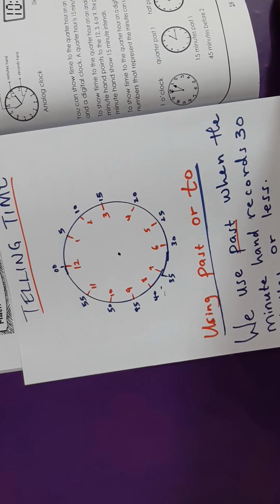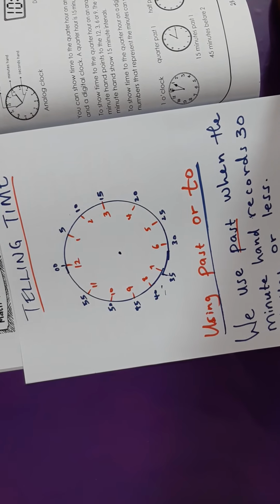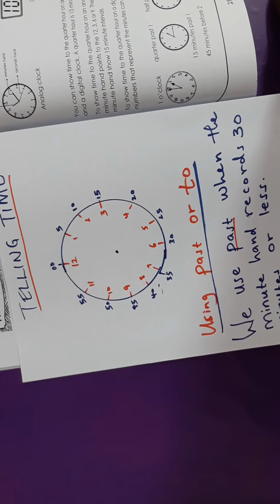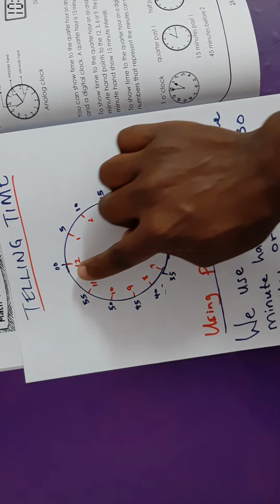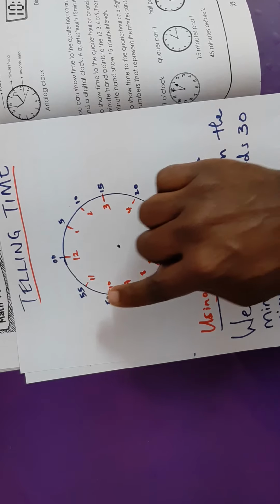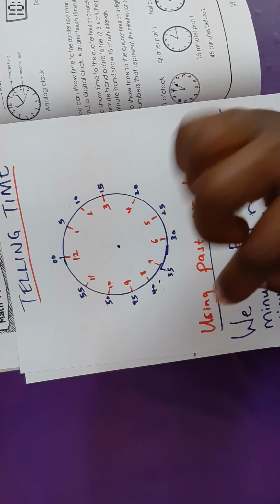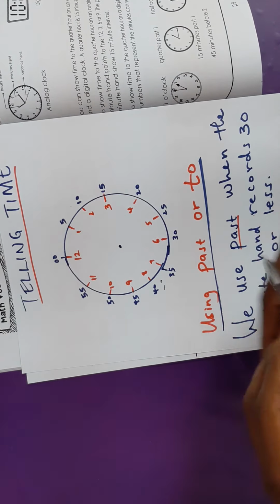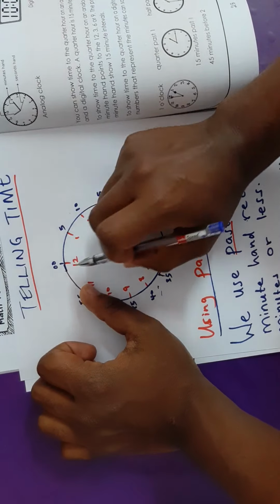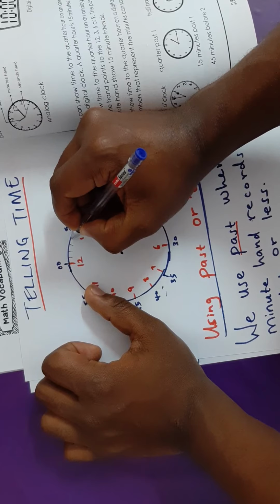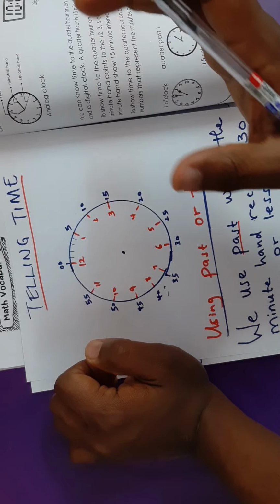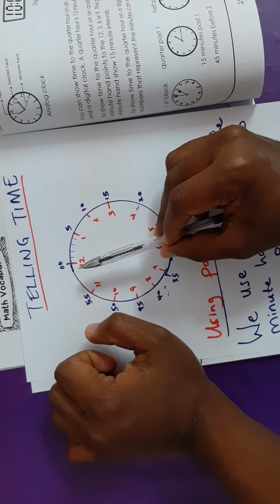The longer hand, which is the minute hand, normally tells time in minutes, and we normally count from 12 going around clockwise in this direction. So we normally have small sticks. After 12 to 1, we normally have sticks inside like this. So these small sticks will tell the time in minutes.